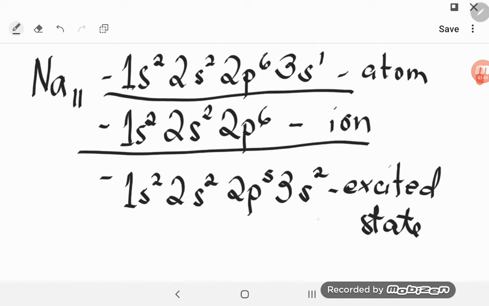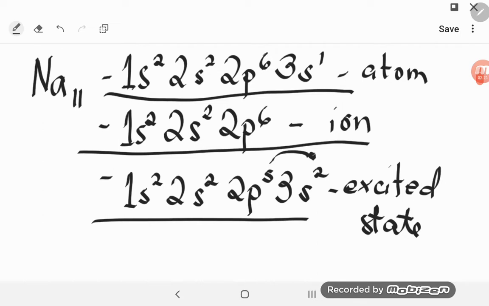The last one is the electronic configuration if an atom is in its excited state. When an atom is in its excited state, one electron jumps to another, much higher energy level. So it could be like this: 1s2, 2s2, 2p6, and then one of its electrons jumps to the next energy level, which is 3s2, formerly 3s1.